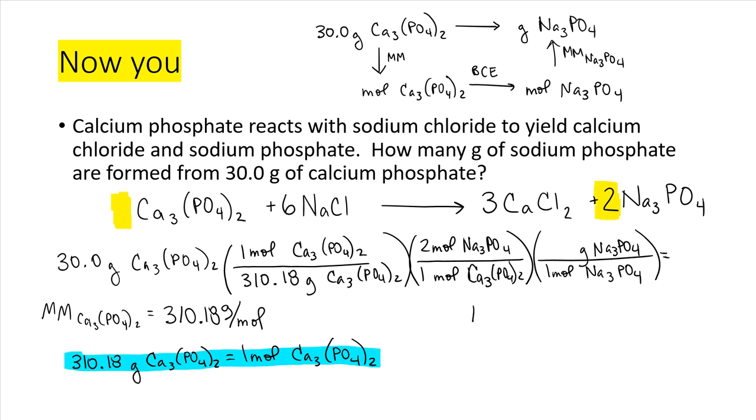So that's 163.94 grams per mole. Every 1 mole of sodium phosphate weighs 163.94 grams.